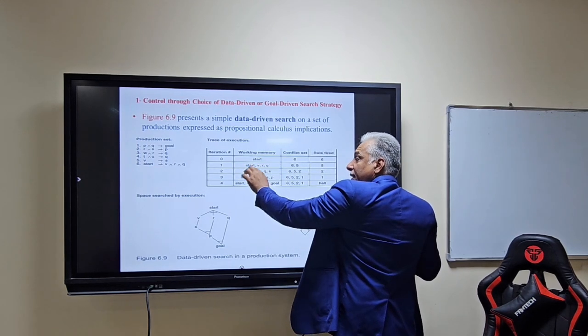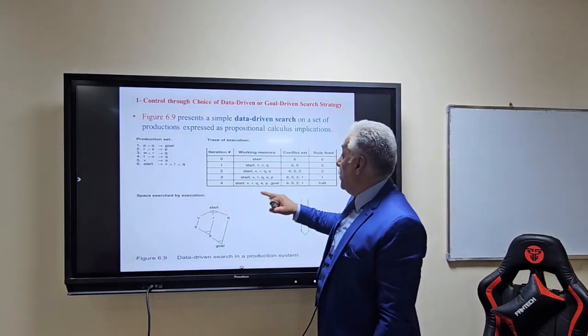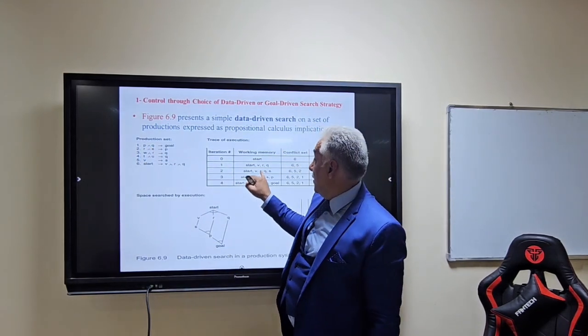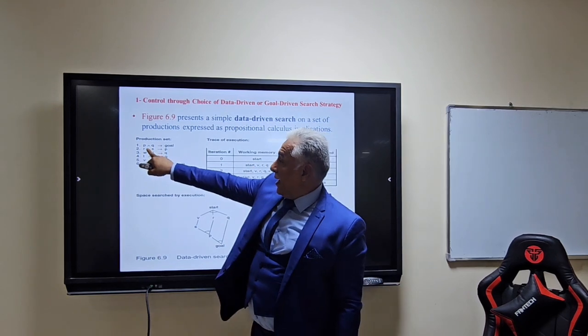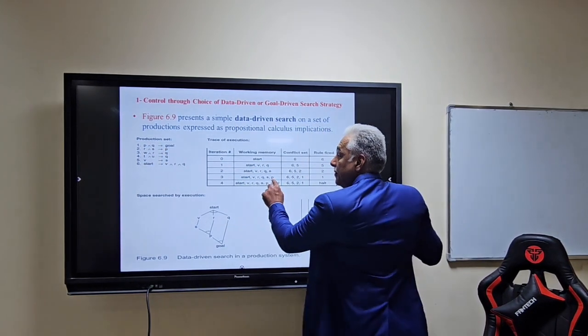Now, from all these values, which one is implemented? Rule 2, R and S, because it is called RS, and RS will produce P. P will be added here.